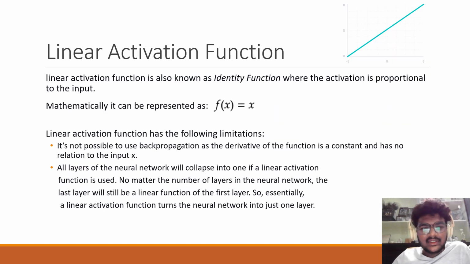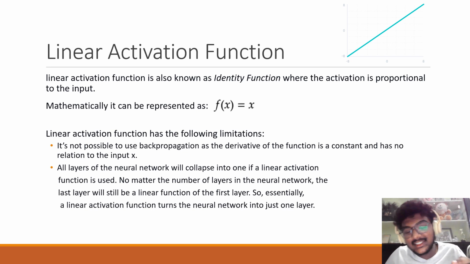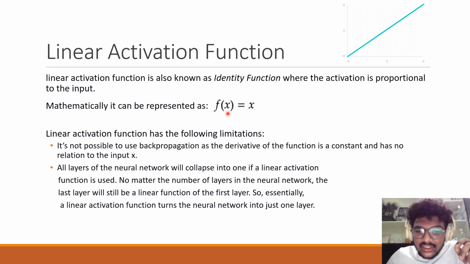So coming to the next point, the linear activation function. The linear activation function is also known as the identity function, where the activation is proportional to the input. Here is the mathematical representation of it. f of x is equal to x, which means for every calculated net sum, if we apply the activation function, it will be the same.